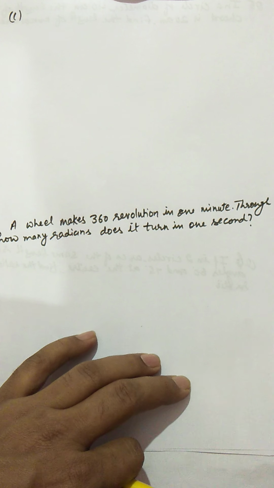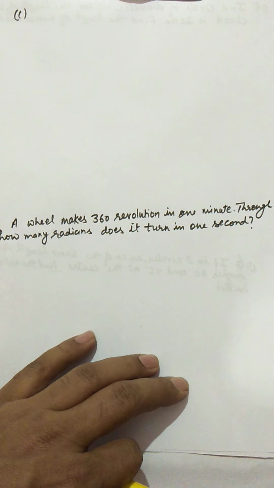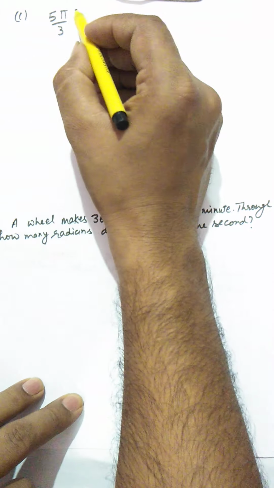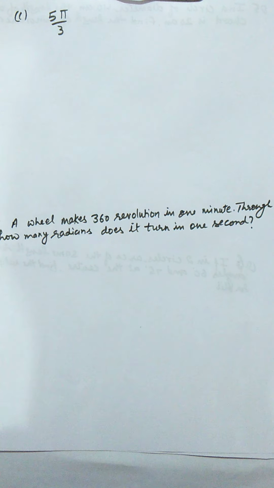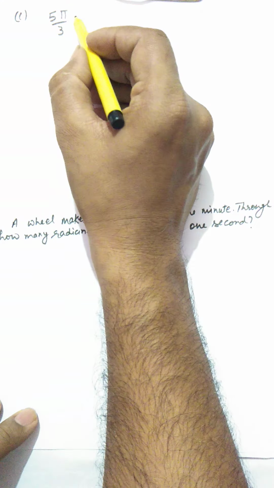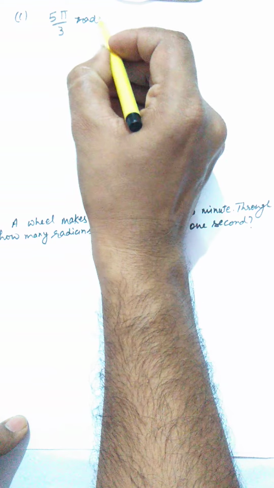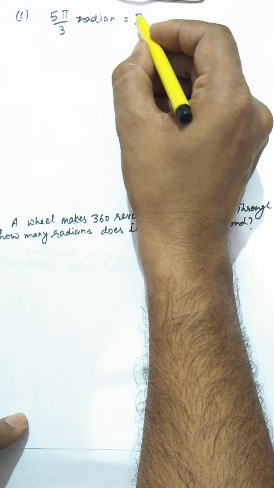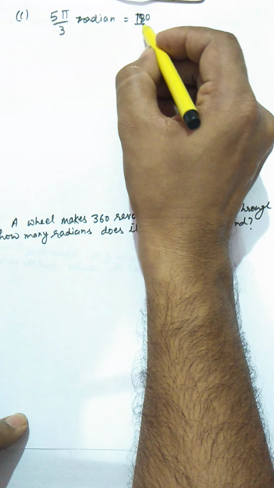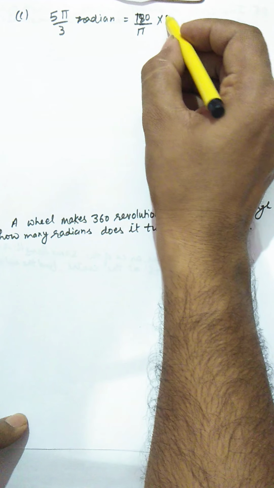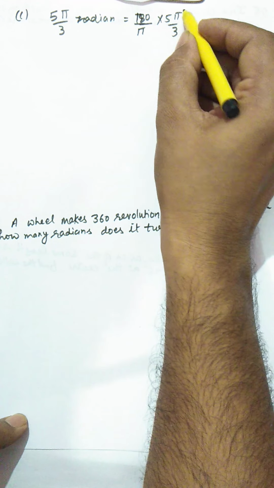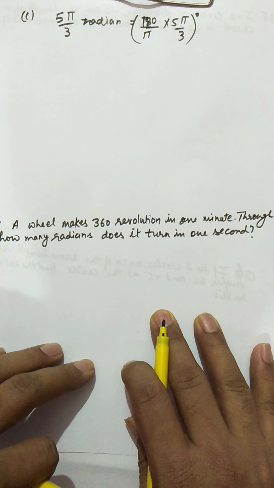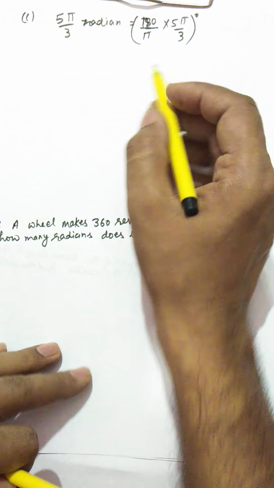Now your C part is 5 pi by 3. So 5 pi by 3, this we have to convert into degrees. You know that for radian to degree, you can write 180 upon pi into 5 pi by 3, and this is going to be in degrees. So the unitary method that we followed in the previous question, we follow now also.